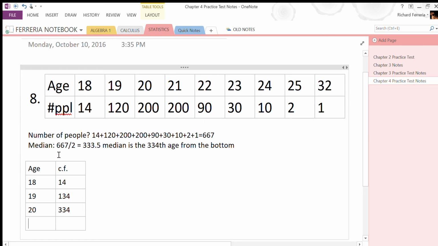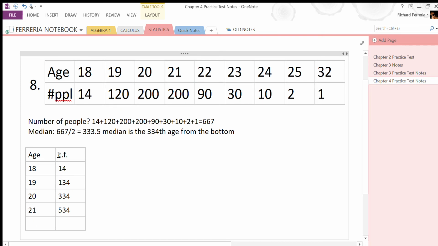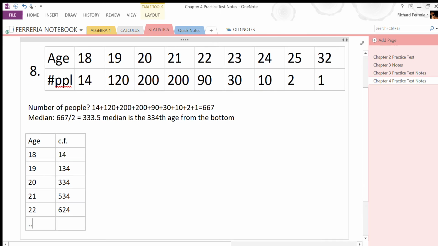Well, they would be 20. Right here, right?